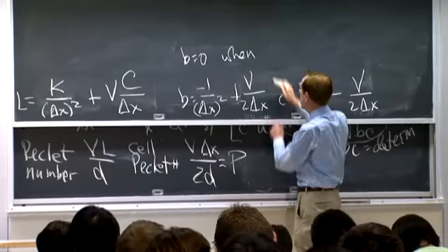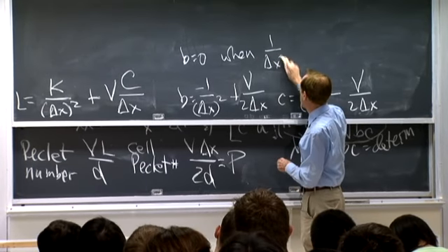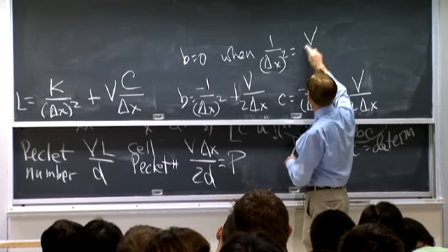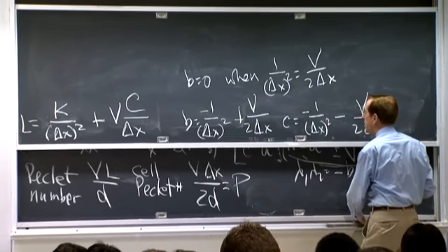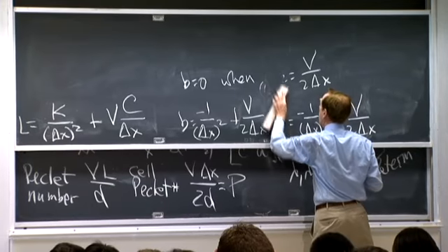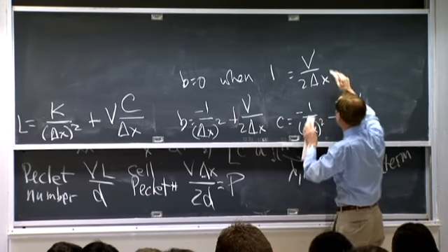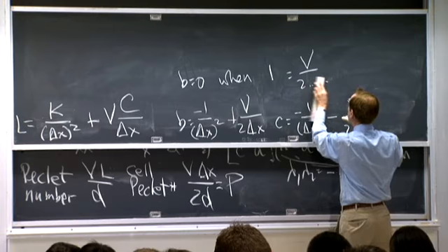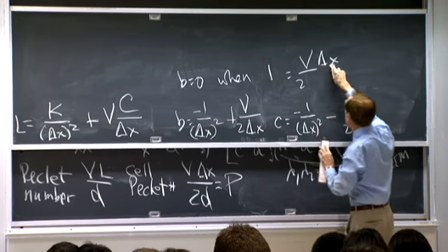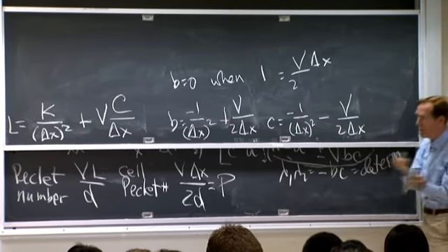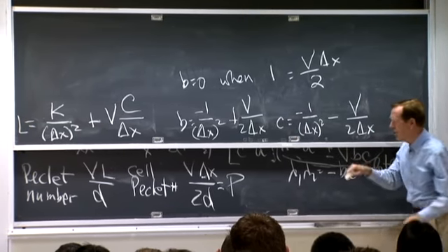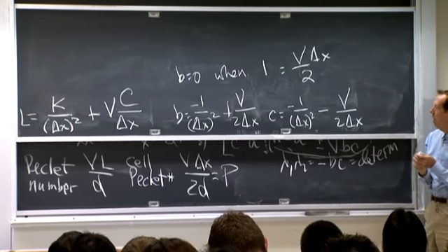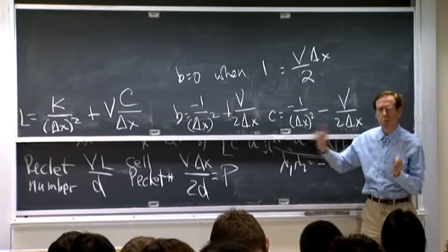So B is 0 when 1 over delta x squared is equal to V over 2 delta x. Let me multiply both sides by delta x squared so that I have a nice 1 there. Multiplying by delta x squared, we put a delta x up here. And what have we discovered? This is why I wanted you to see it. The transition comes when the Peclet number is 1.